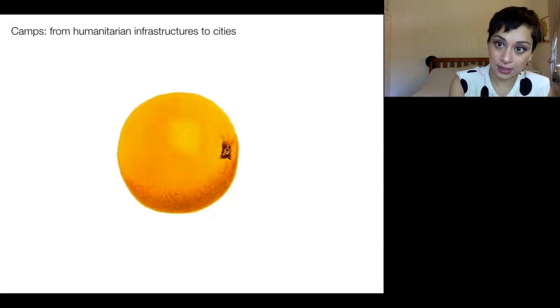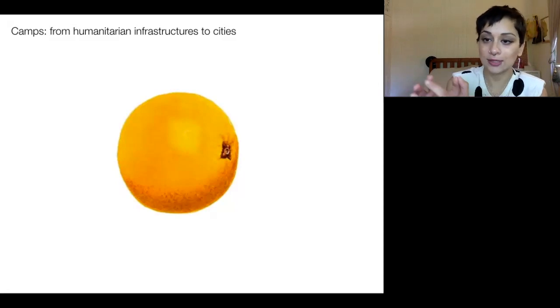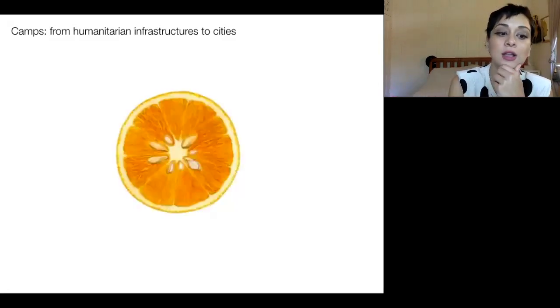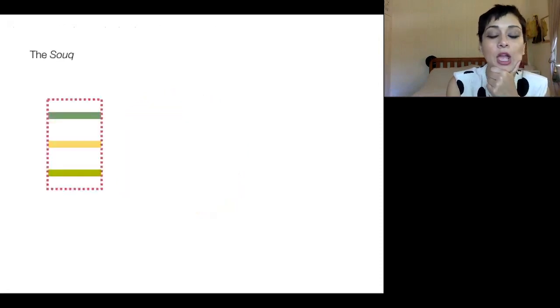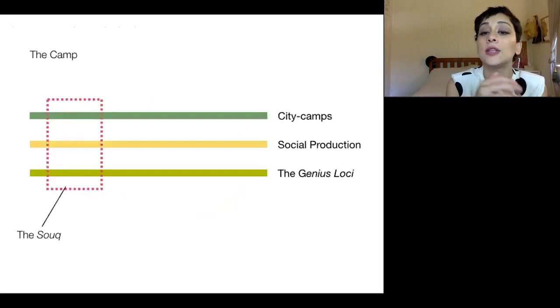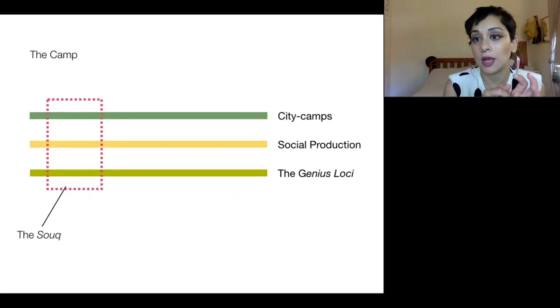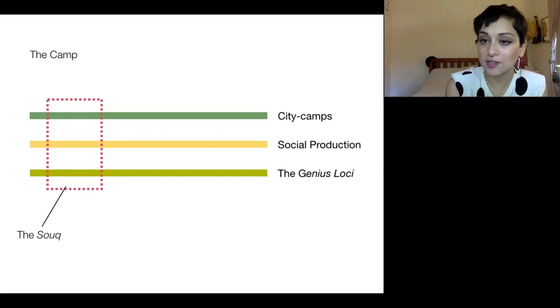So whenever we see a marketplace, we know that it's a complex urban body, just like the orange slice and the whole orange. So when we look at the souk, we know that there is a city camp and that there is a social production of space, and there is a genius loci, which means the spirit of the place.